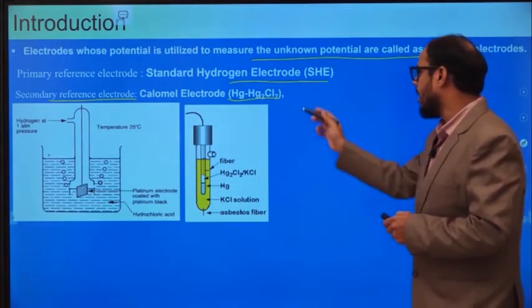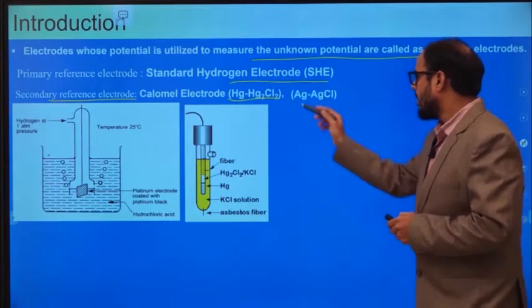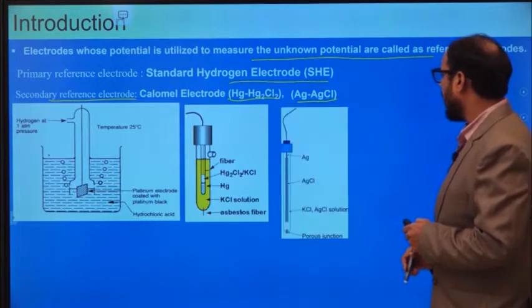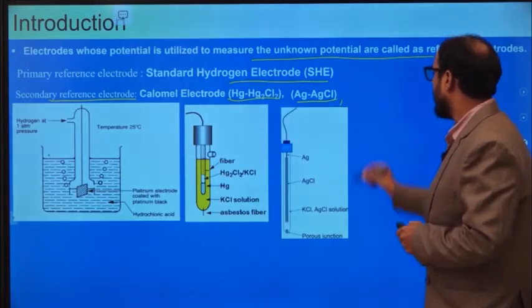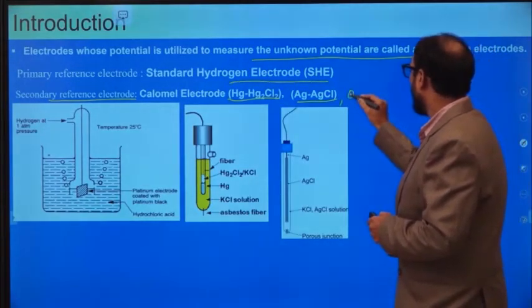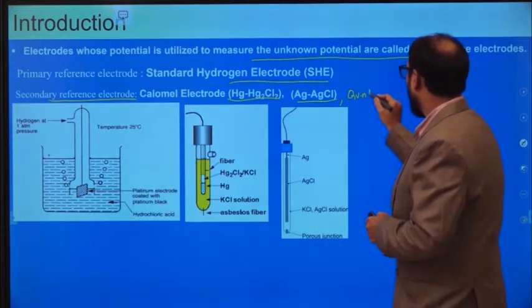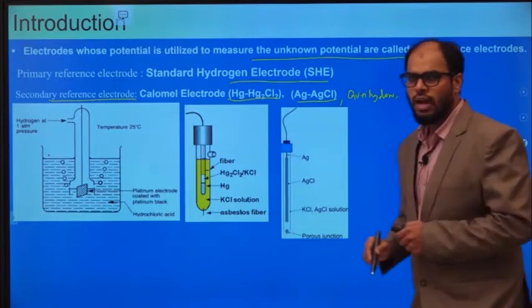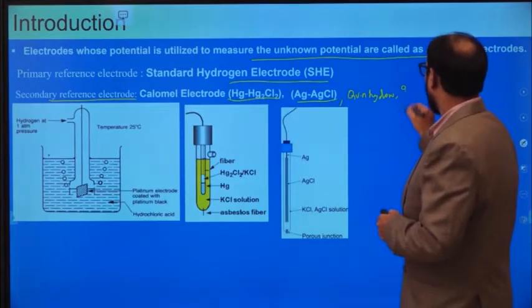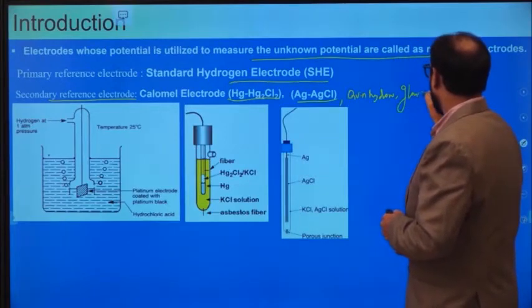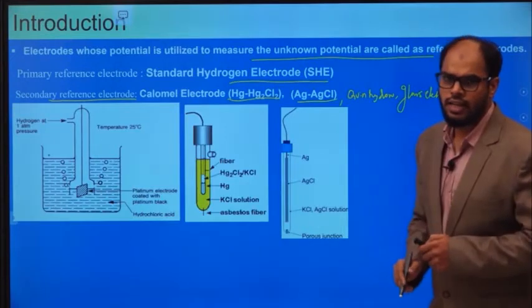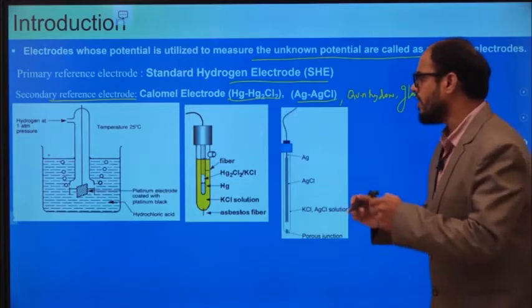Apart from this Calomel electrode, we can also have silver chloride electrode as a secondary reference electrode, and apart from these, we can also have quinhydrone electrode and glass electrode as other categories of secondary reference electrode.